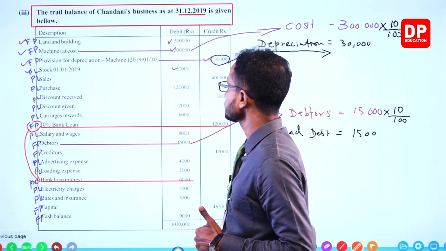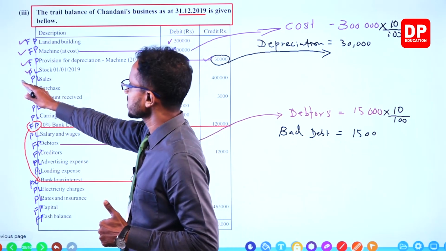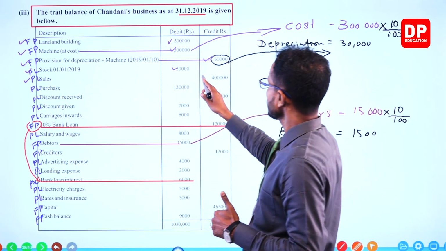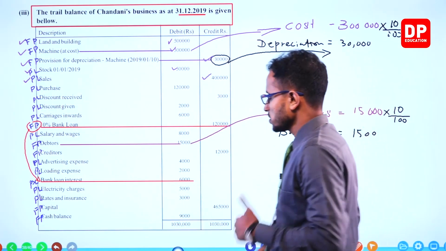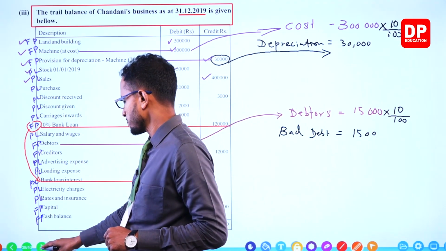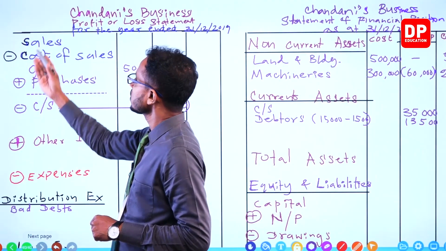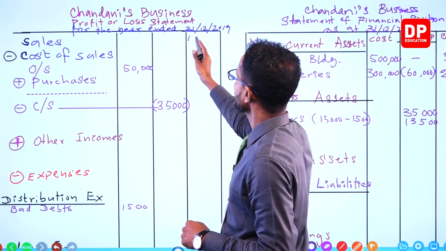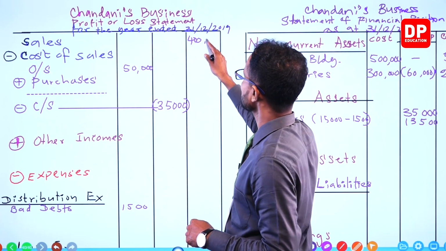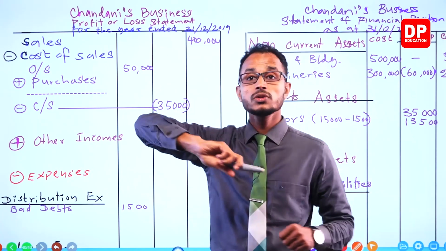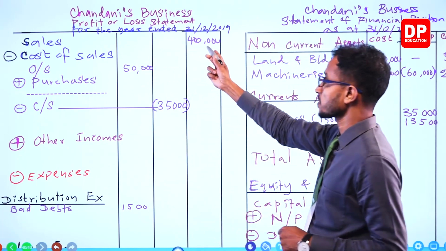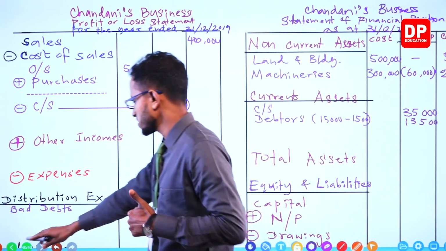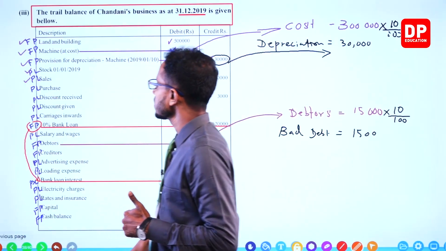Stock is taken. Next is sales, 400,000. Take it to the P&L, on top, in the third column. Sales go to the third column. Tick it.